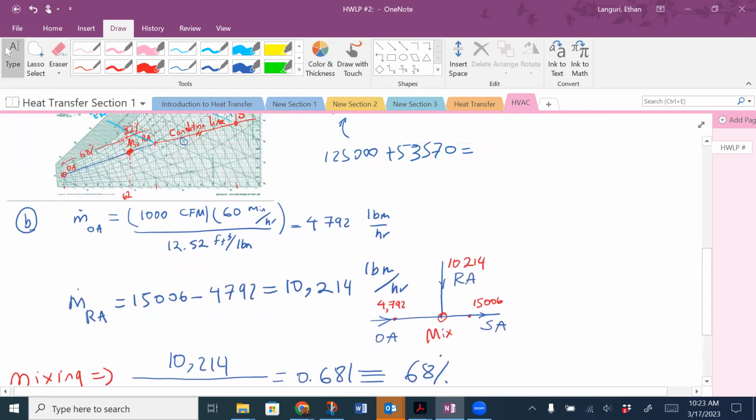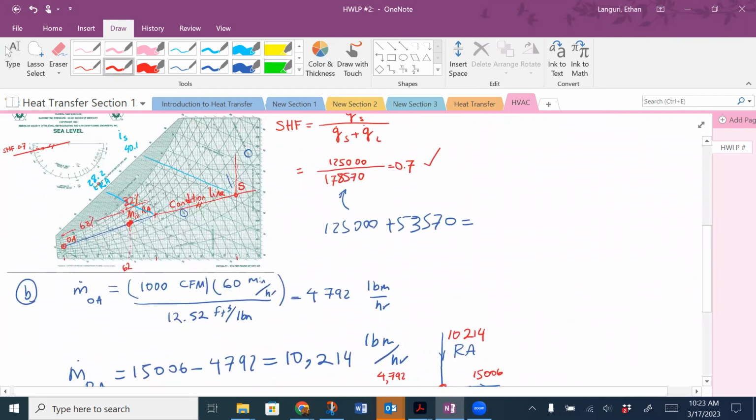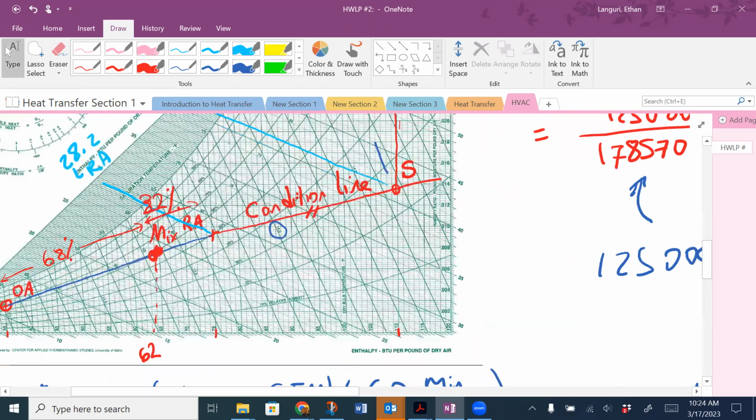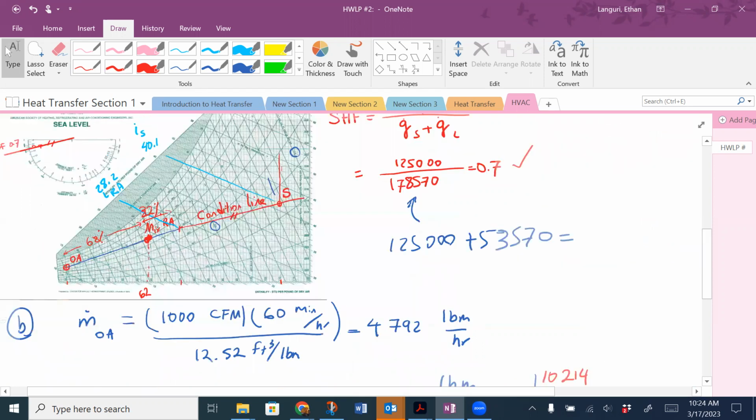So enthalpy of my return air is, I know it's 28, is 20. Is this number here? So here I'm going to find the enthalpy of mixed air. As you can see here, I can find the mixed air location, go along the constant enthalpy line, and read the same way I did before.